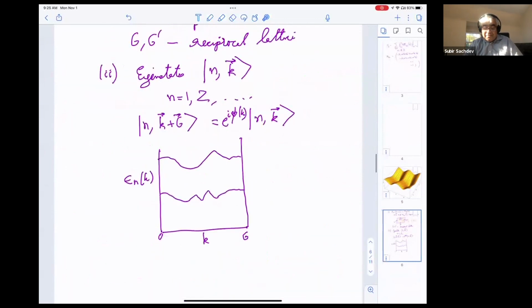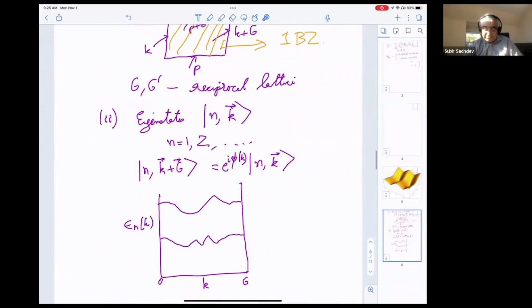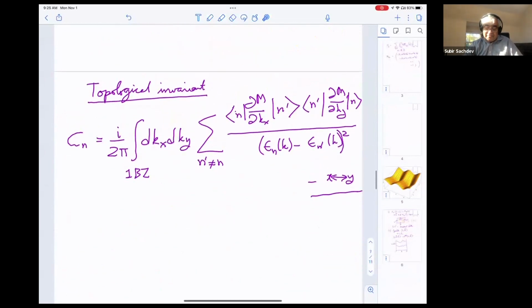I can change the phase of the states n as I want. You notice that there's an arbitrariness in the phase here, but there'll be a compensating factor over here, and therefore that phase will cancel out. So it's explicitly gauge invariant, it's dimensionless, and it's always an integer.